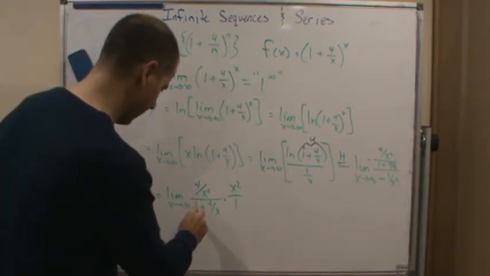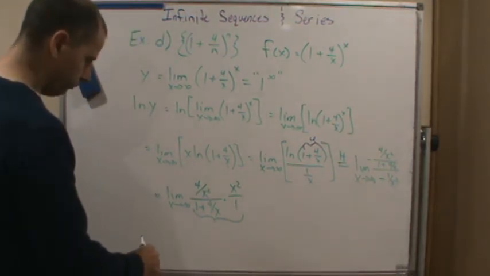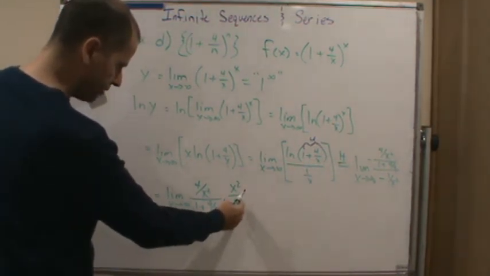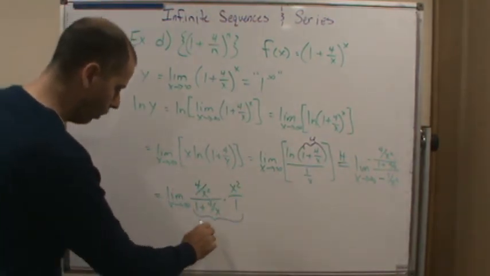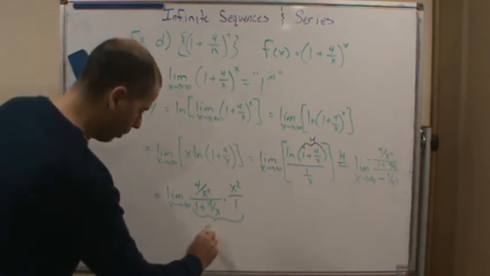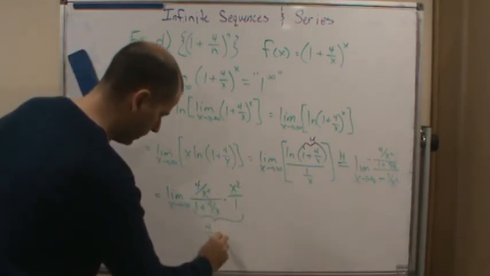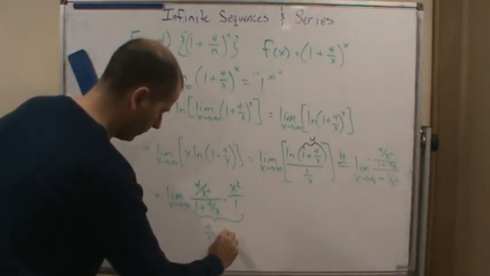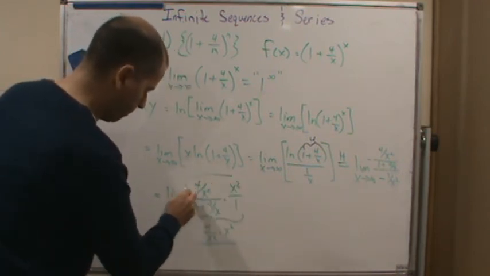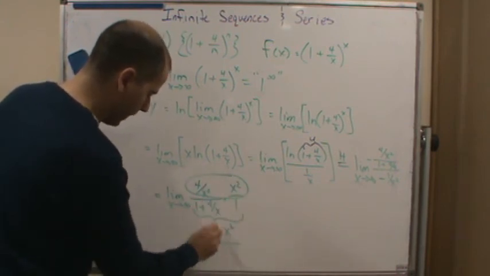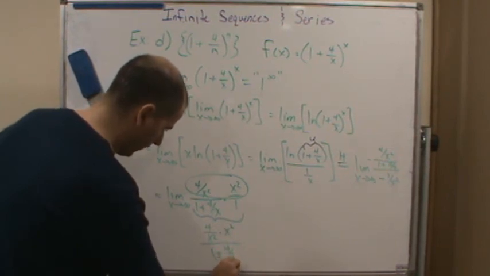Well, what happens to this thing right here? If we multiply across the top and the bottom, we get 4 over x squared times x squared on top, and on the bottom 1 times this, which is still 1 plus 4 over x.